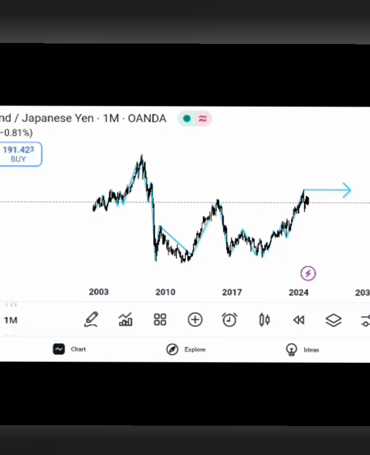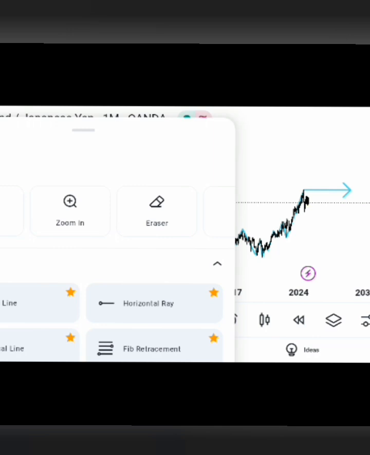Look at what the market is doing. Wow. So we are going to mark out the key level points, that is the turning points. So I would like to use a thick horizontal line.